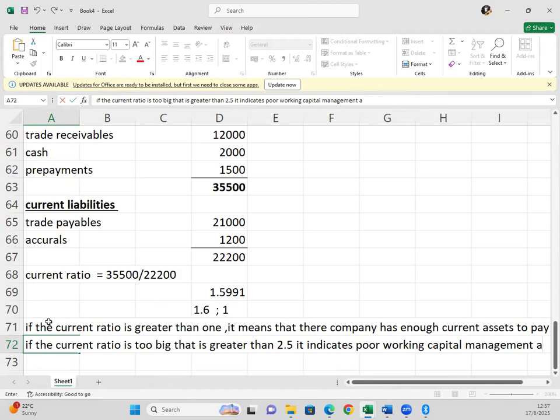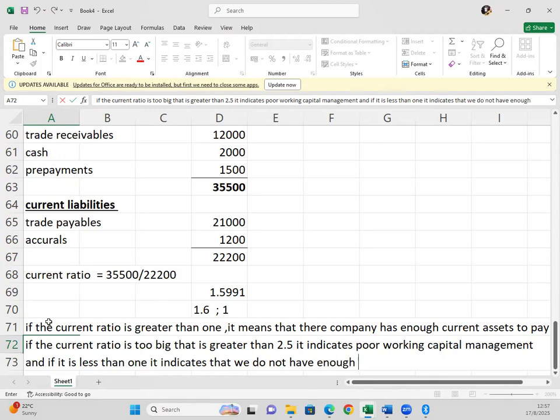And if it is less than 1, it indicates that we do not have enough funds to pay those we are owing.